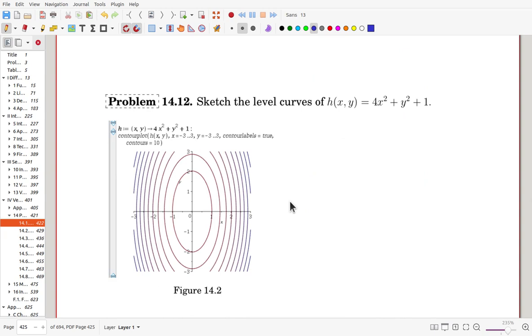You can sketch level curves by using a computer algebra system.